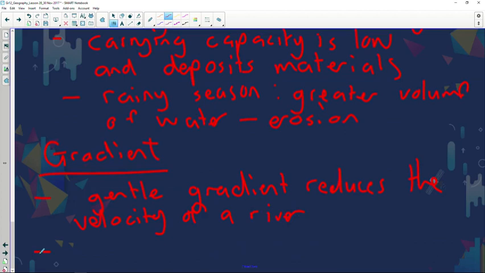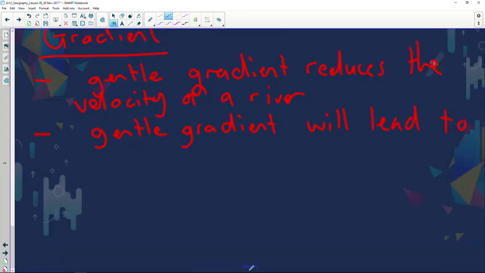Okay, a gentle gradient will eventually lead to more deposition. Deposition is basically dumping the material that's been eroded and weathered in the upper and middle course. So because of the gentle gradient, the velocity of the river is going to decrease.